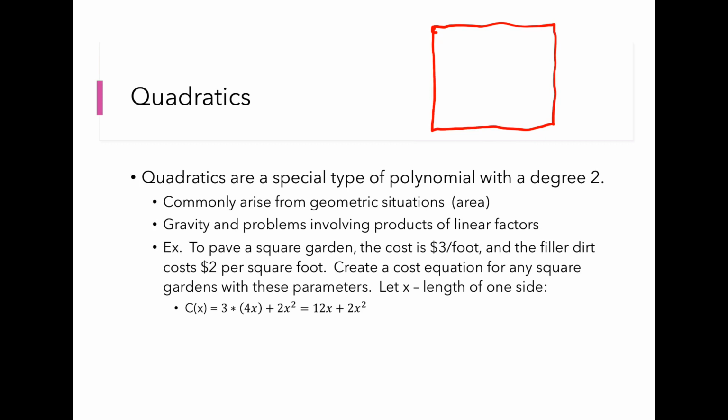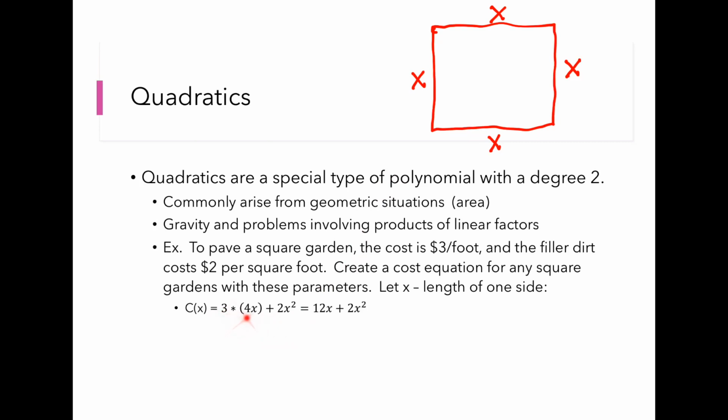Since it's a square garden, x would be the length of all sides because of the definition of what makes up a square, right? So per linear foot, we have $3 for each side, x being the length of the side.